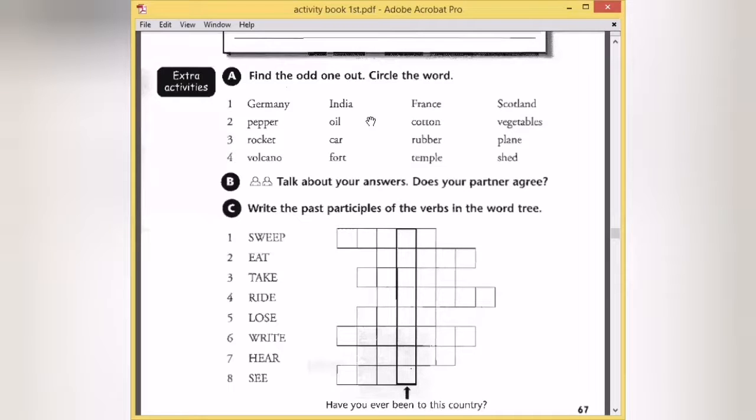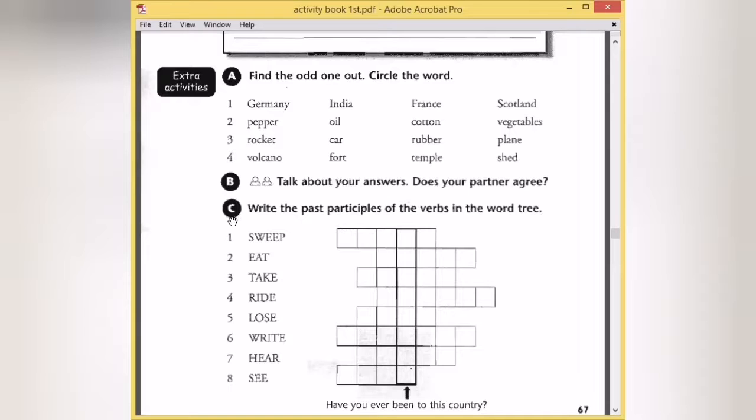Now, number 4, we have volcano, fort, temple, shed. Volcano. Why volcano? Because all the others are buildings, right? Fort, temple, shed, all of them are buildings. And volcano, something else. So that's it.